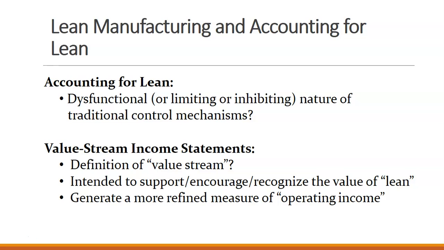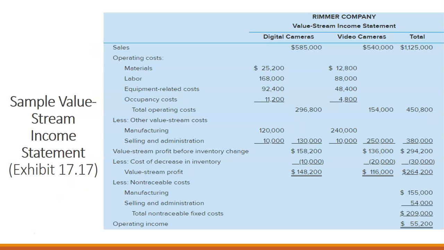So what is the value stream? It's intended to support and recognize the value of lean operations and generates more information about our underlying operating income. We'll see an example of that value stream income statement.